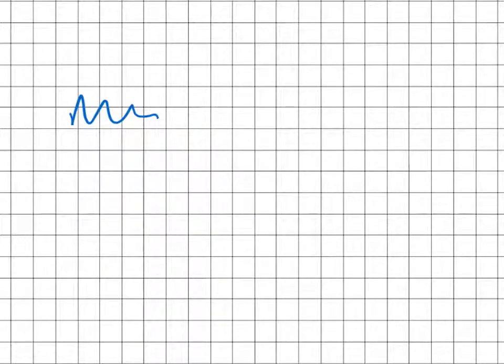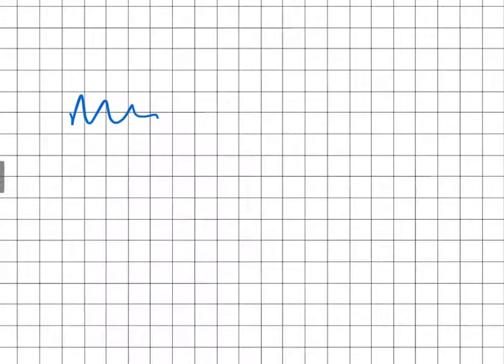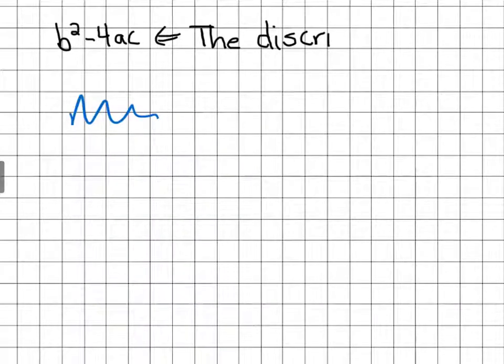All right, so again, got to select the pen. B squared minus 4ac is known as the discriminant. And the discriminant can tell us useful information about a quadratic relation.